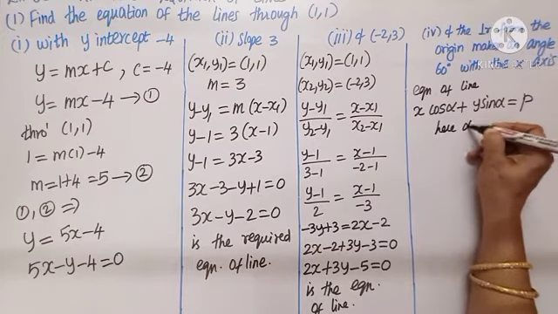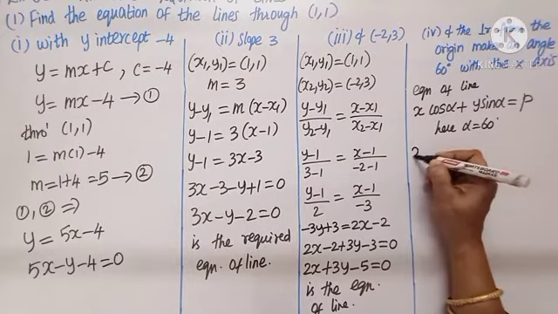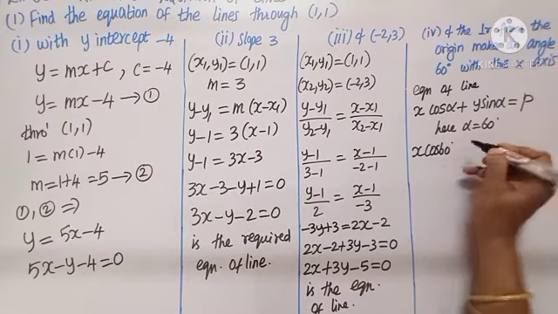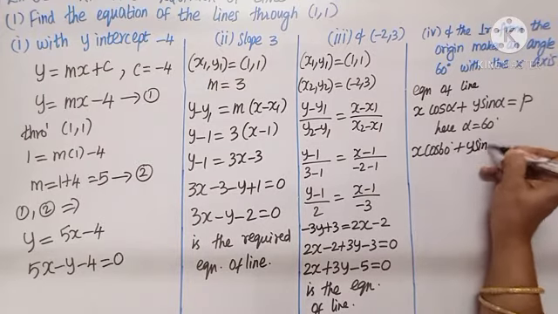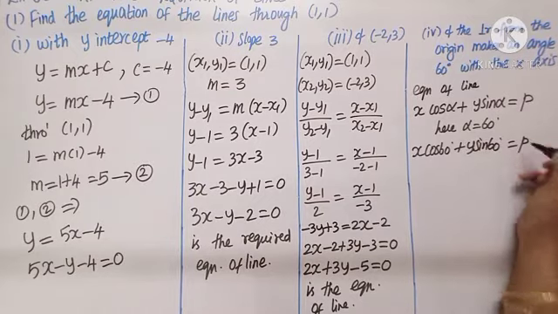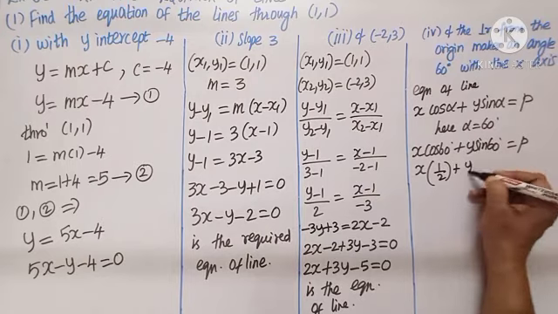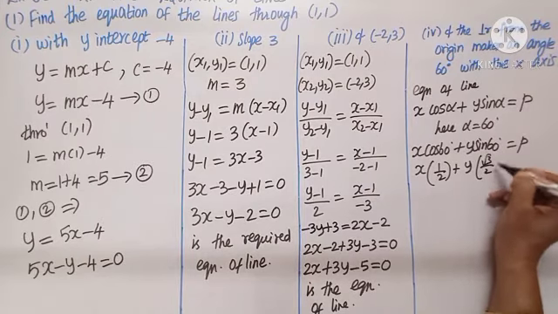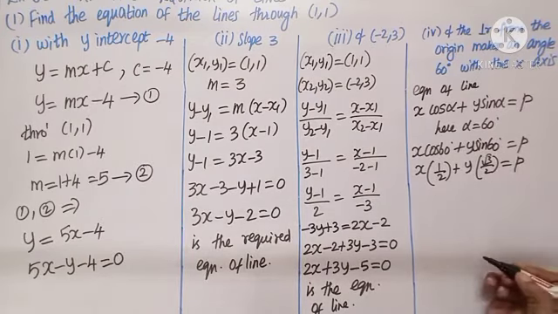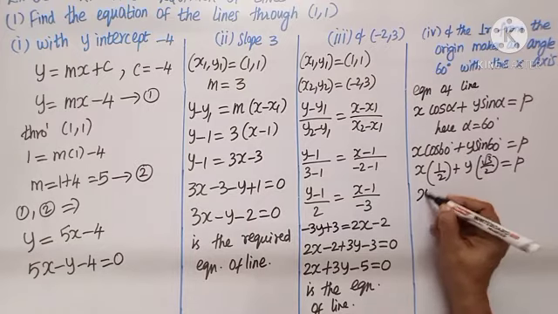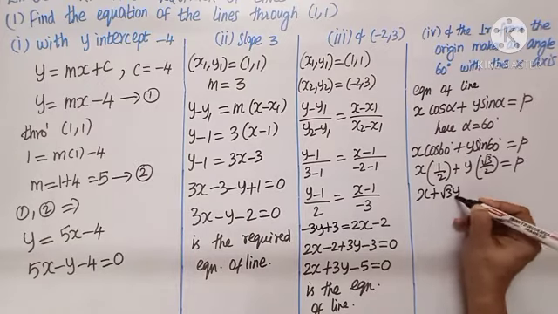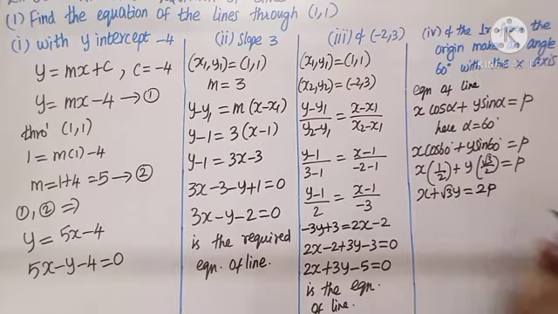Here alpha equals 60 degrees. x into cos 60, 1 by 2, plus y into sin 60, root 3 by 2, equals p. Cross multiplying, x plus root 3y equals 2p.